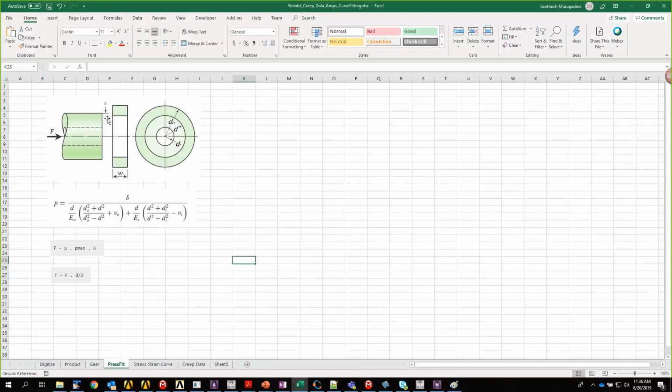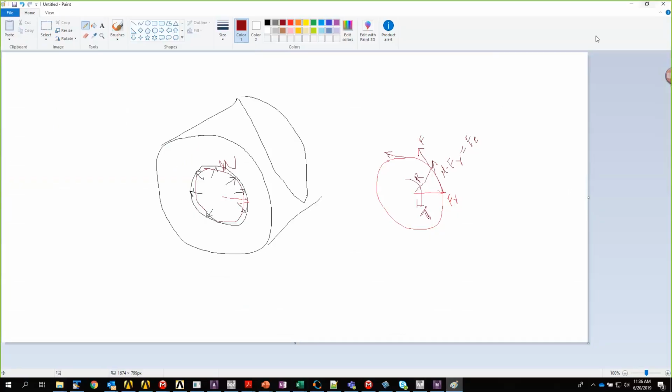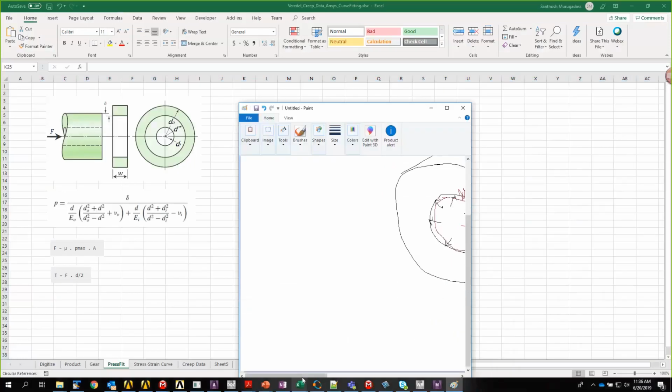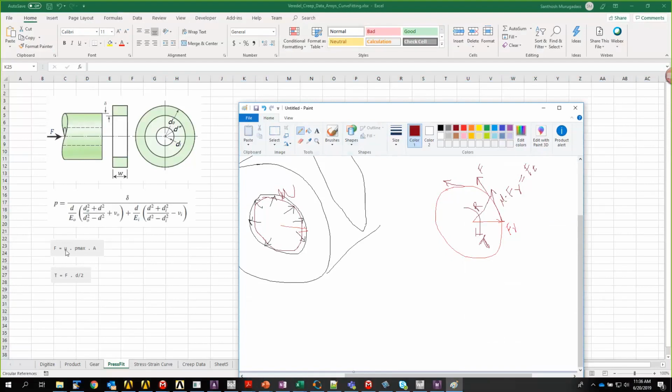If there is an interference between two cylinders, what is going to be the maximum pressure? The pressure multiplied by this area is the force, the radial force that I was talking about. The radial force times mu is the tangential force. The tangential force times the radius is the torque this joint can take.